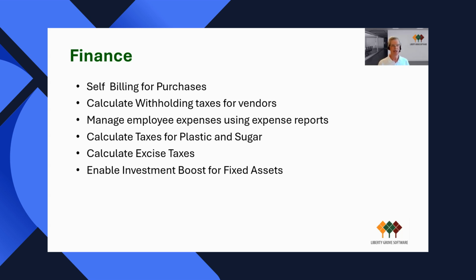Once you write that 20% off, you're left with a remaining asset value equal to 80%, and then you can take that 80% and subject it to the normal fixed asset depreciation books that you've defined for your system. So you're able to handle that initial investment credit or boost option that is available from a number of agencies.